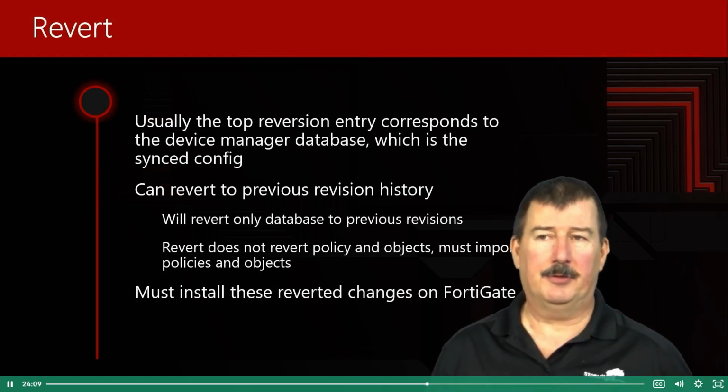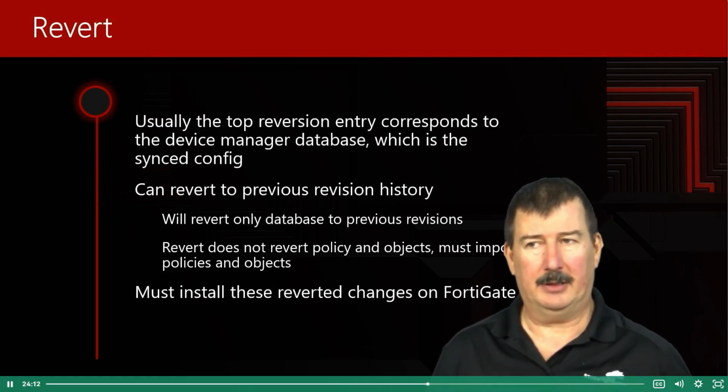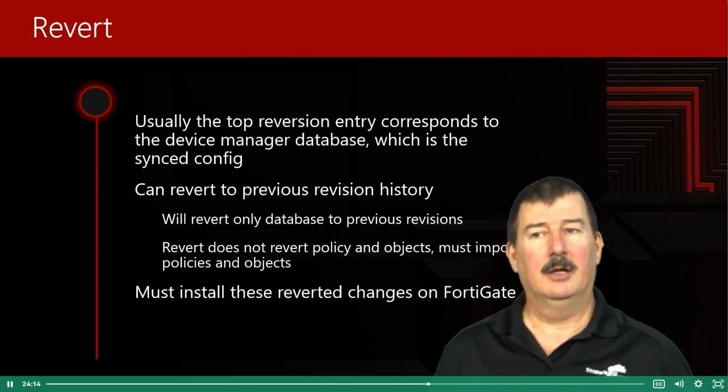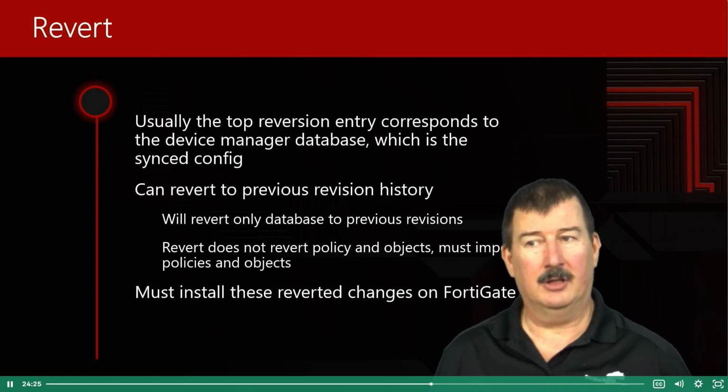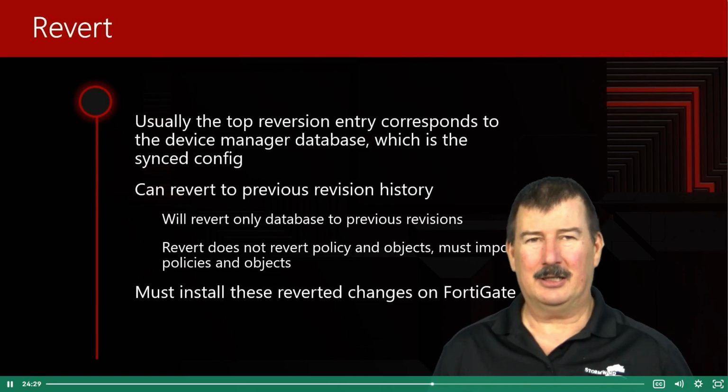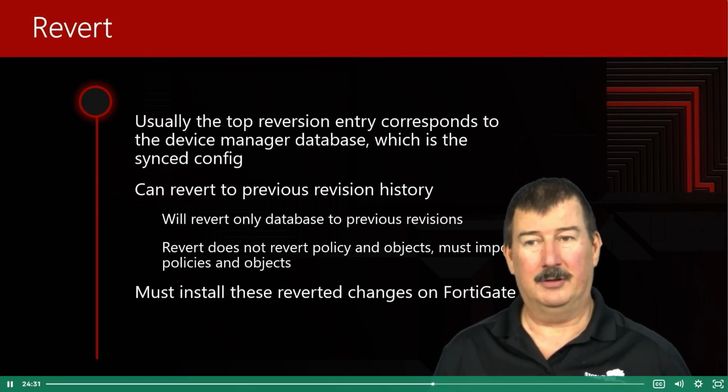Usually the top revision corresponds to the database, but you can revert to any previous revision in the database. So you can go look at your list and revert it. Now, this does not revert policies and objects. You must import policies and objects. So it's not 100% reverting stuff.